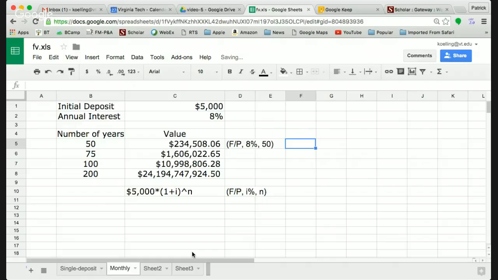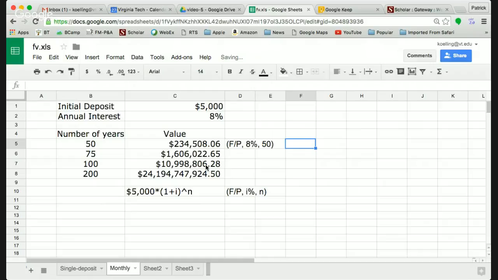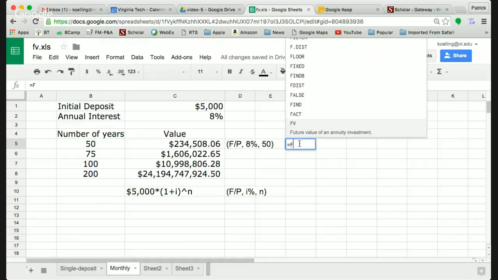If you look at the conversion table I provided for translating the book's notation to spreadsheet notation, this is equal to a future value, the FV function.